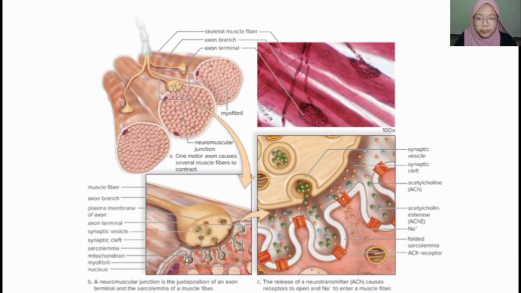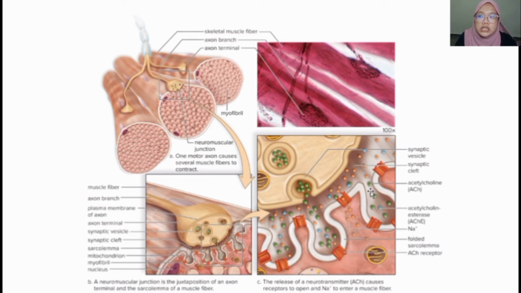The sarcolemma has the same function as the plasma membrane, where it acts as the barrier between the external compartment and internal compartment of muscle fiber. The mitochondria provide energy to make sure the synapse occurs. The myofibril, nucleus, and ACH.